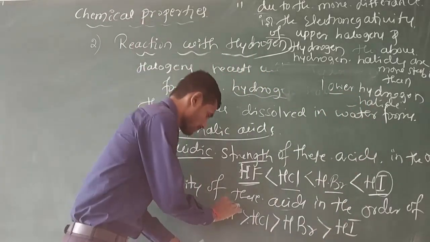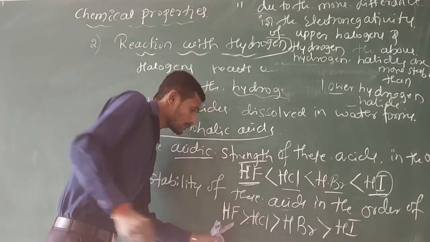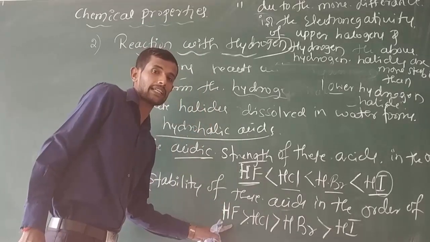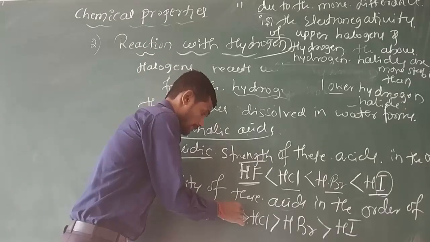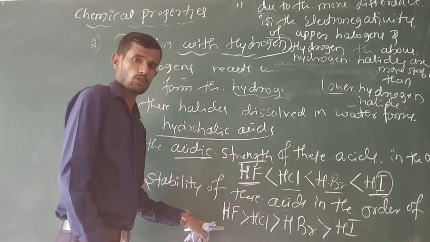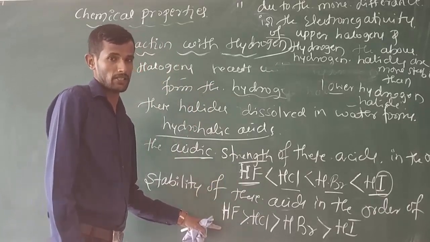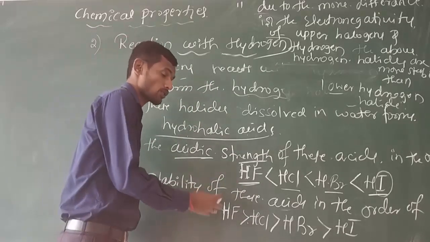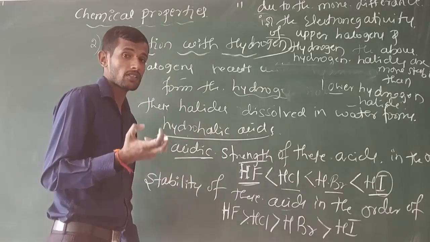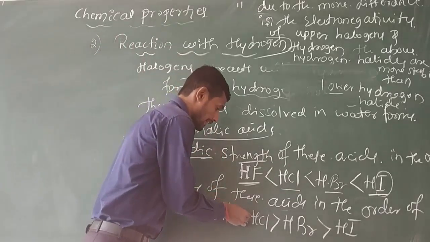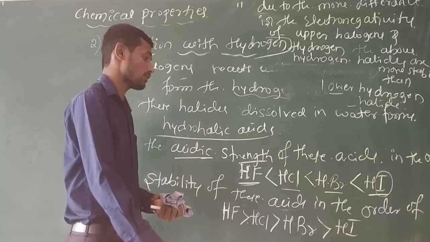Students, remember, fluorine is one of the most electronegative atoms. If you move down the group, what happens to the bond strength? Bond strength decreases, meaning the bond strength of halogens decreases down the group.